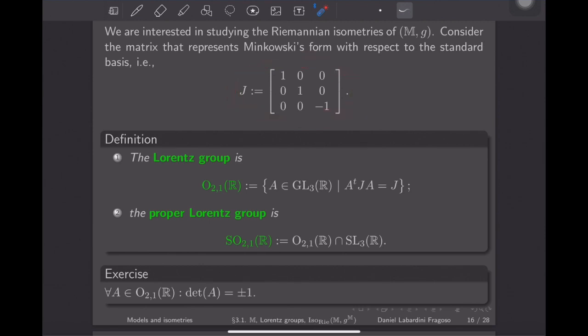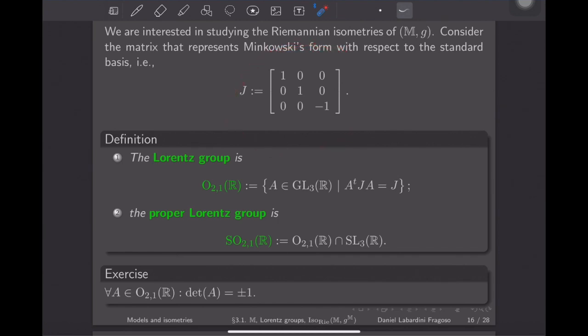Again, Minkowski's form is a bilinear form, right? So I can take its matrix with respect to any basis. I just consider the standard basis of R3, and with respect to it I can take the matrix that represents Minkowski's form, and what I obtain is this.